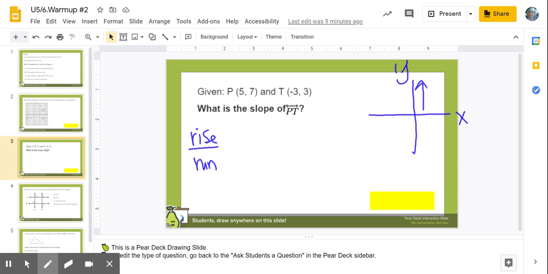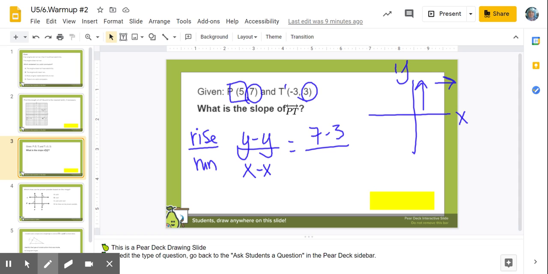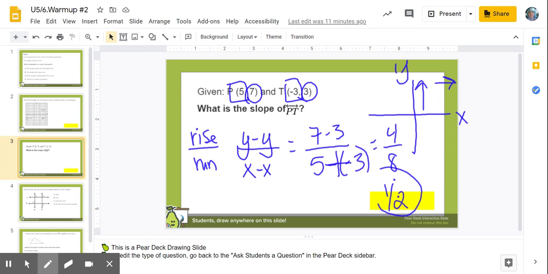So I rise on the Y and I run on the X. So I've got to do Y minus Y over X minus X. My Y's are 7 and 3, so 7 minus 3, and my X's are 5 and negative 3. 5 minus negative 3. Got to be careful about that. So 7 minus 3 is 4, and 5 minus negative 3, or 5 plus 3, is 8. 4/8 reduces to 1/2, and that's my slope.